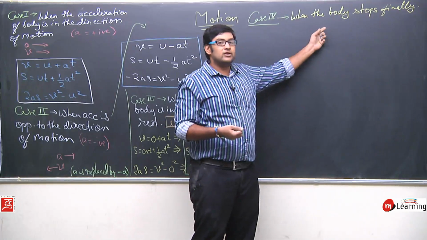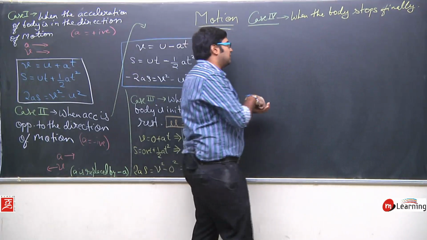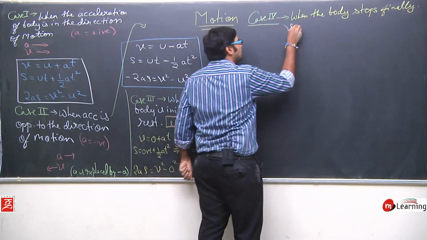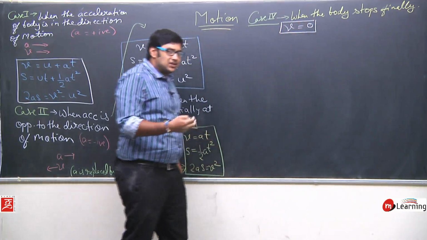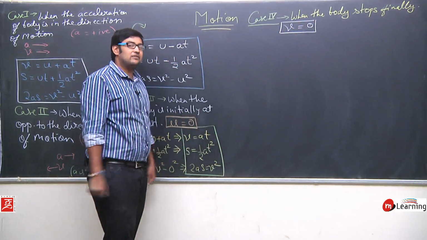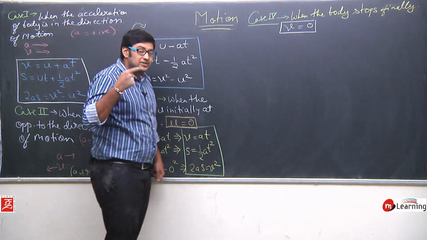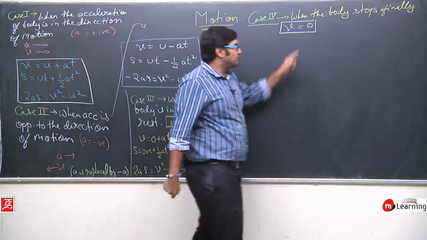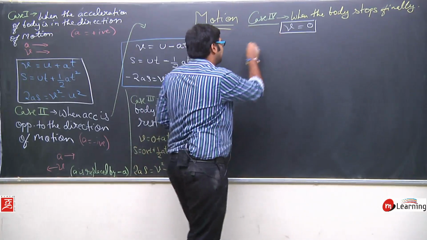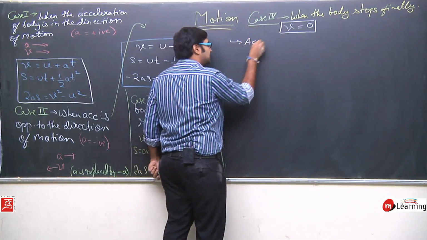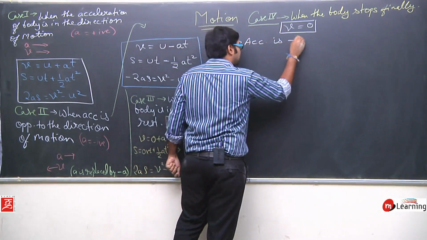So in this case the final velocity of the body, v, will be equal to 0. But is that the only condition? No, there has to be something more, because the velocity is becoming 0 finally. It means acceleration is negative.